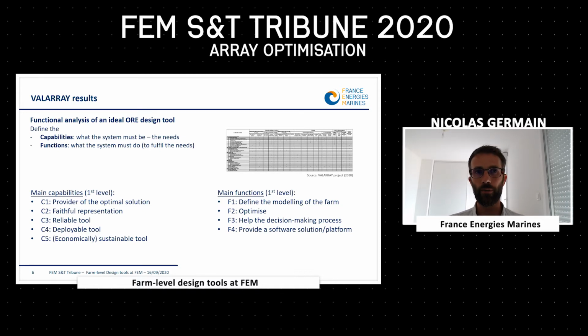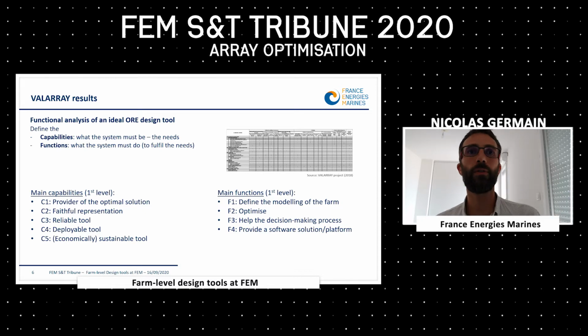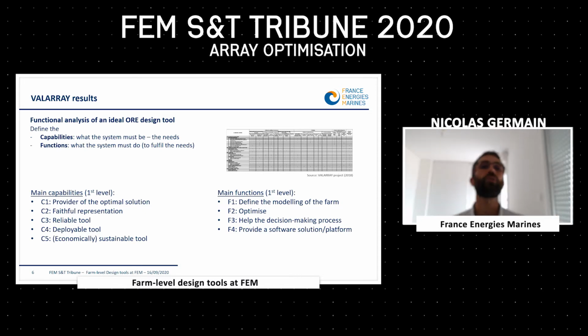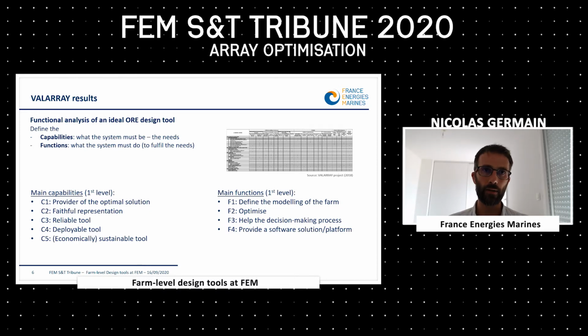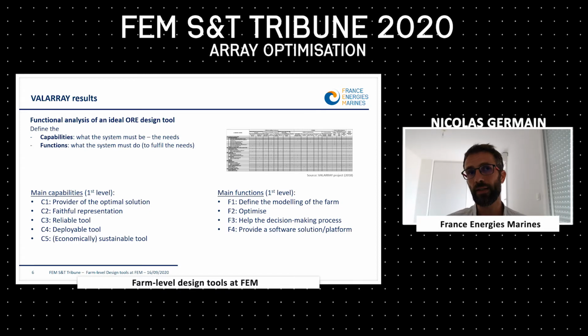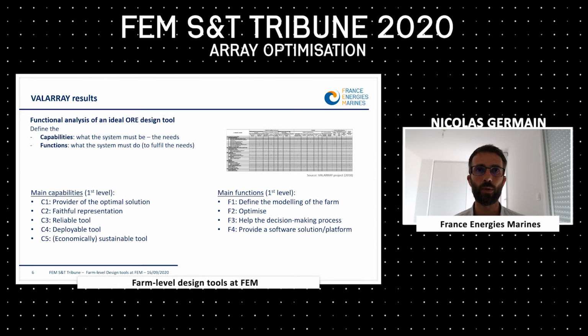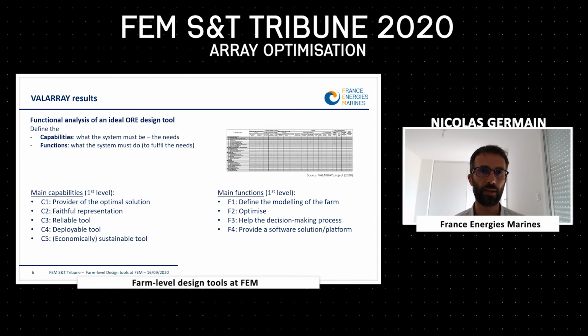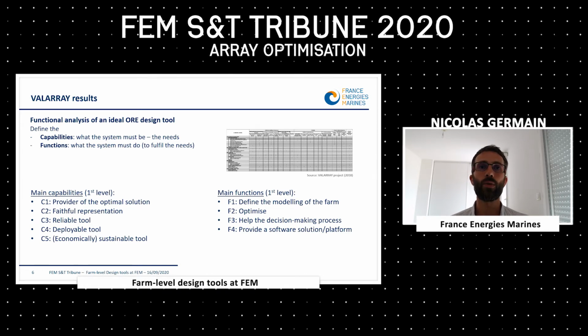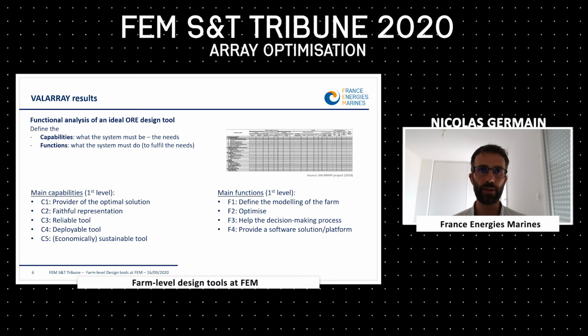If we go through the functions, we can see that the first three describe more or less a method. They are quite basic at this level. The first one is to define the modeling of the farm, what you want to model at which level of complexity, which stages of the life cycle you want to include in your design process, at which stage of the design process you are.